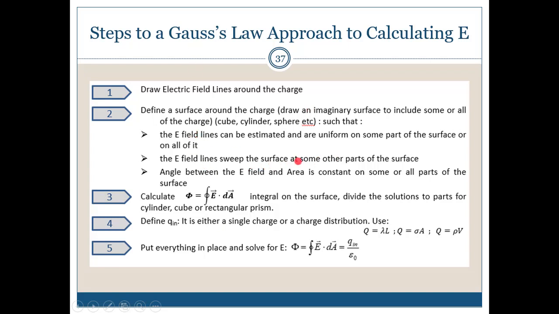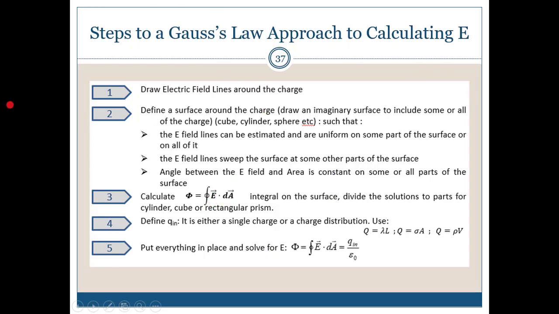If I draw E field lines on this plane of the board right now, or the screen, if I draw all sorts of vectors on the plane of this screen, the area vector of the screen is perpendicular to the screen, so it's towards you guys, right? Any vector on the screen is going to be perpendicular to the area vector because they're on the plane of the screen. That means that these vectors that I draw on this plane are sweeping the surface. They're on the surface. They're perpendicular to the area vector.